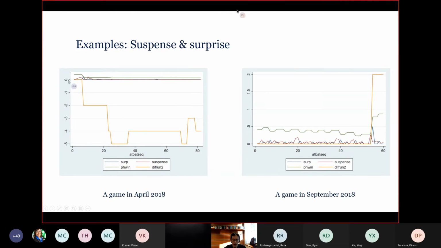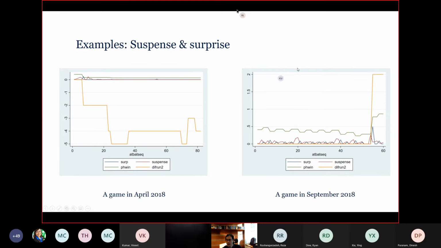The away team scores 2 points at the beginning and then 3 additional points in the middle, and after that the away team is always dominating the home team. Therefore, the green line, the predicted probability of the home team winning, is always close to 0. The home team is unlikely to win the game anyway. And because nothing happened during the game, suspense and surprise, the blue line and the red line, are almost always 0. There are some bumps, but almost always 0.